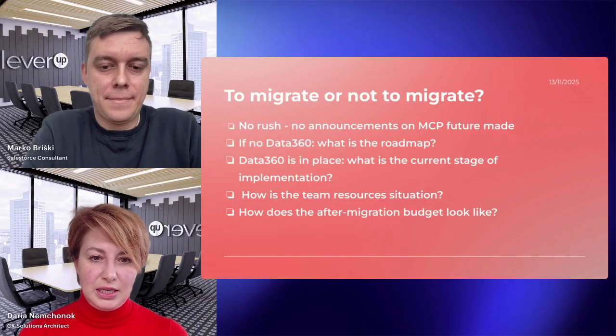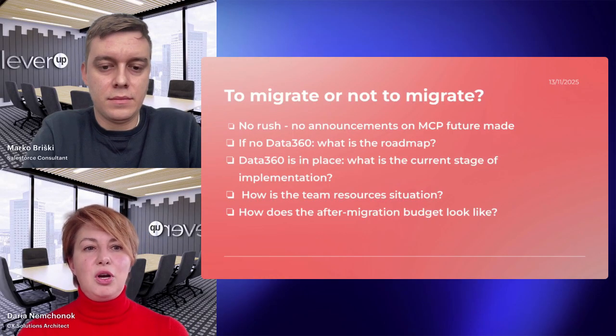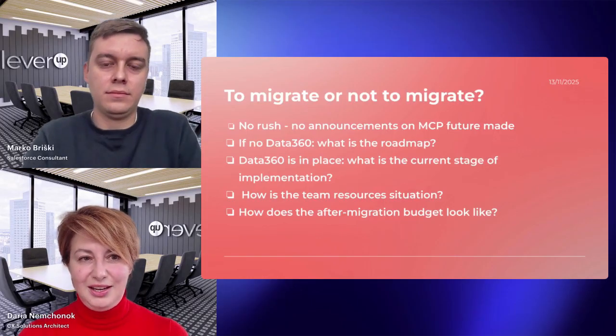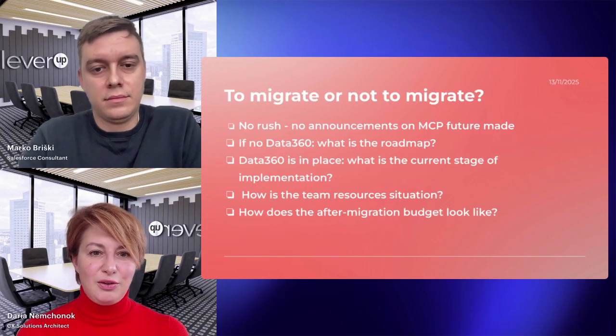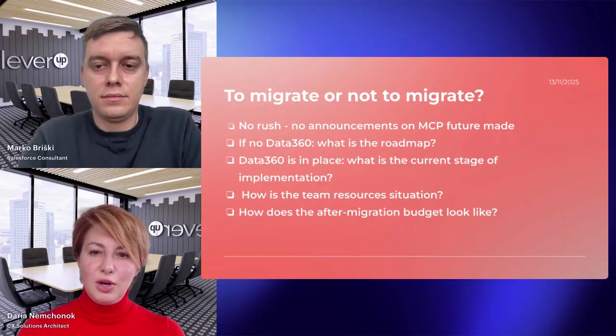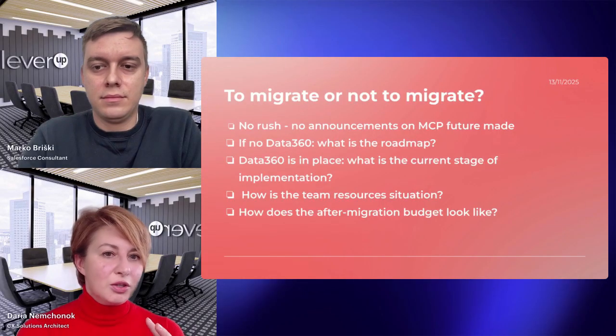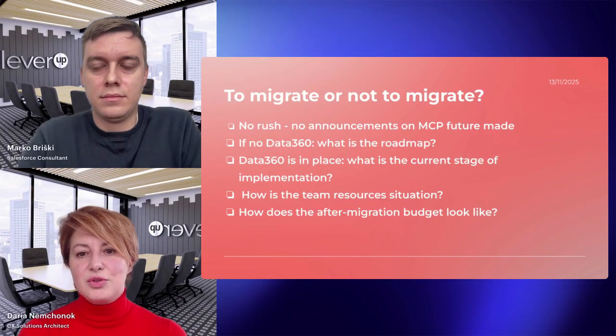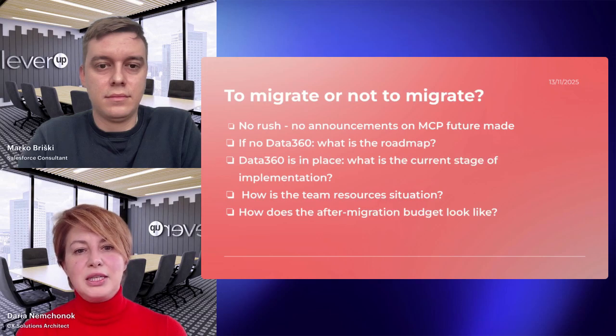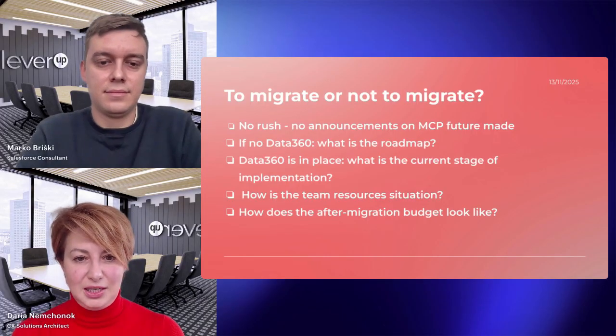If you already have Data Cloud in place, what is your current stage of implementation and usability? And being honest, we see quite a lot of clients who do have Data Cloud, but it's not serving yet as their source of truth for their customer data. Quite a lot of data still stays aside in your Databricks, in your AWS or whatnot, and has not been properly mapped to Data Cloud.